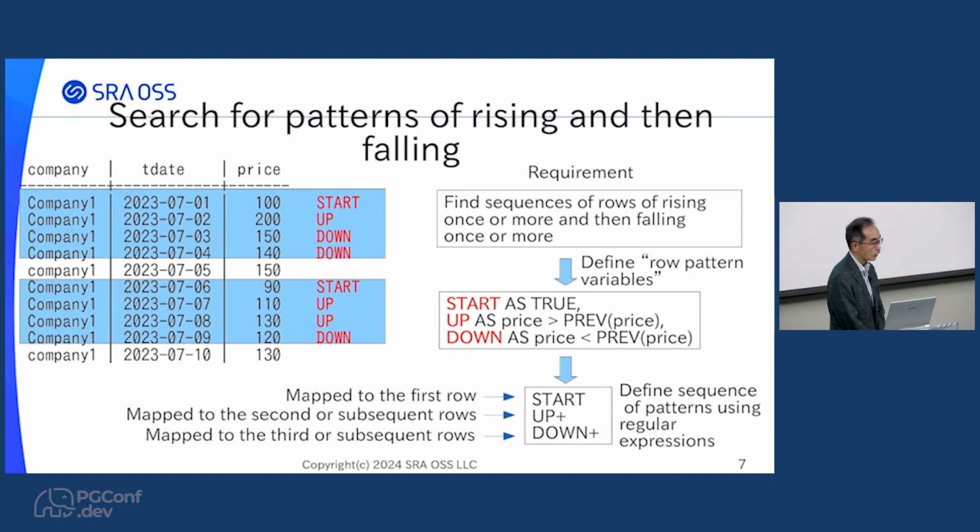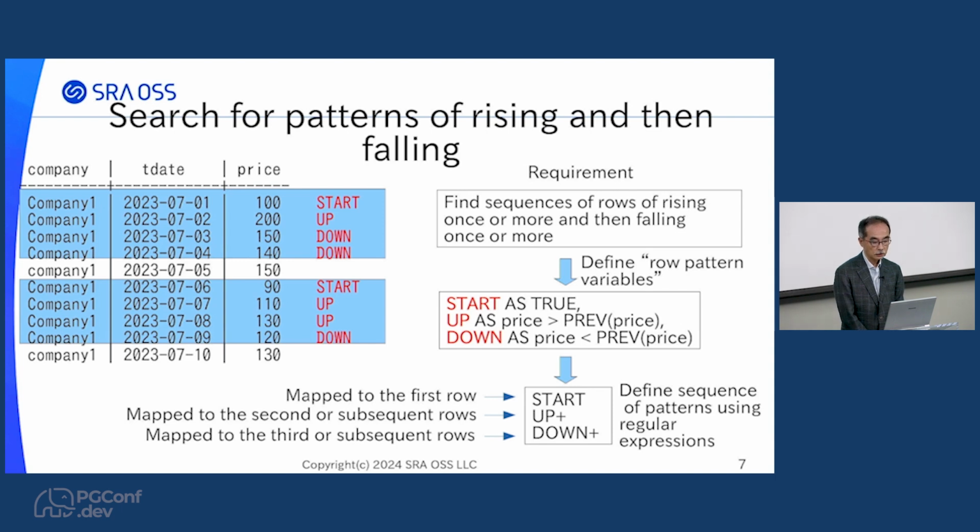From this requirement, first we define row pattern variables. We have 3 row pattern variables: start, up and down. The meaning is the same as already discussed. Start is defined as true, so it matches any row. This is the starting point of the pattern matching.